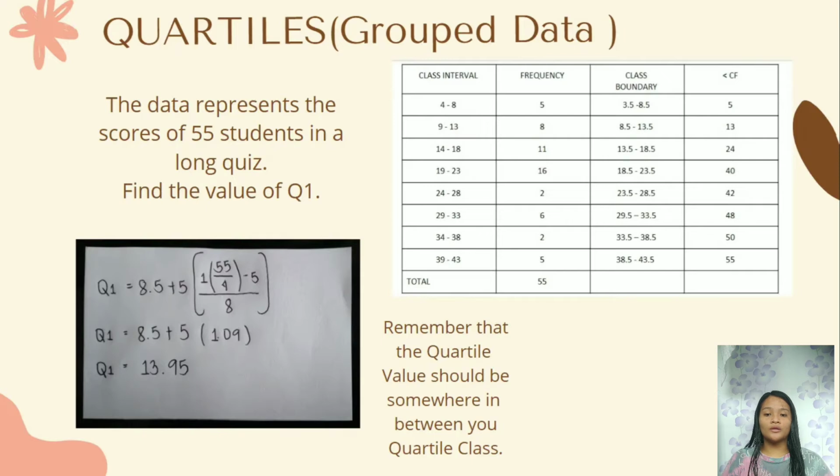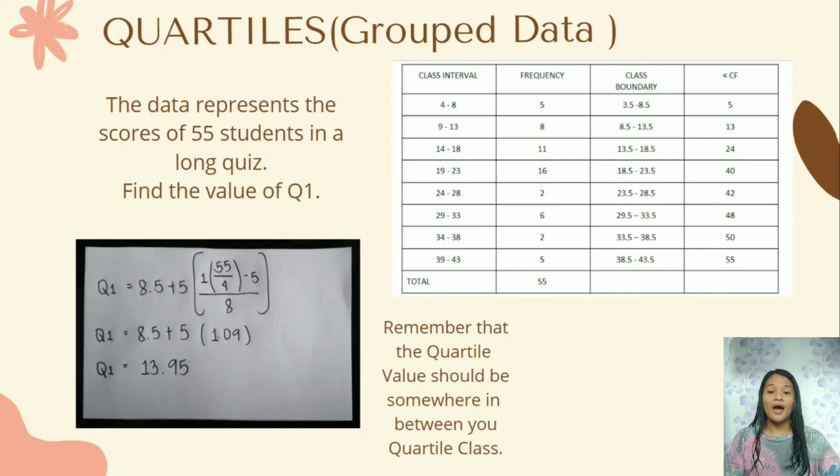Q is equal to 8.5, which is the lower class boundary of the quartile class, plus 5, which is the class size, open parenthesis 1 close parenthesis, where 1 is the quartile that we need to find, open parenthesis 55 over 4 minus 5, which is the cumulative frequency before the quartile class, close parenthesis, all over 8, which is the frequency of the quartile class. After substituting, you need to simplify it.